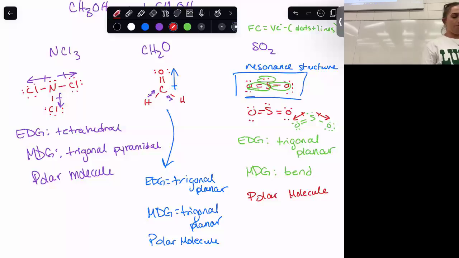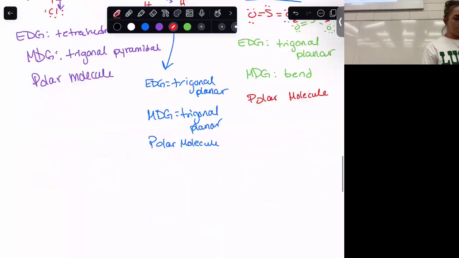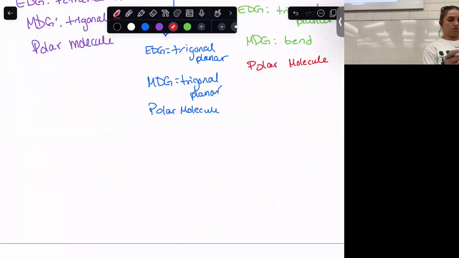So there are 2 instances of that. Does anyone know the 2 instances? I'm just going to give this M's and X's. You have this shape here.